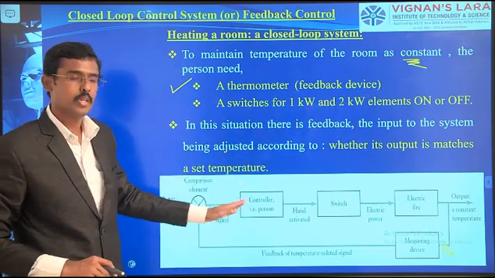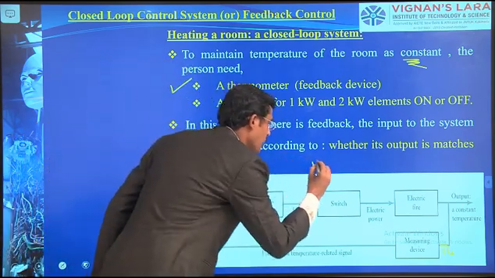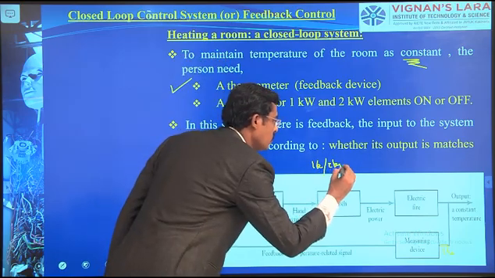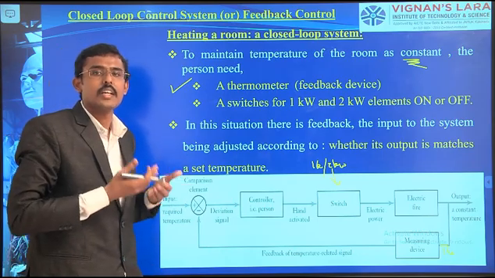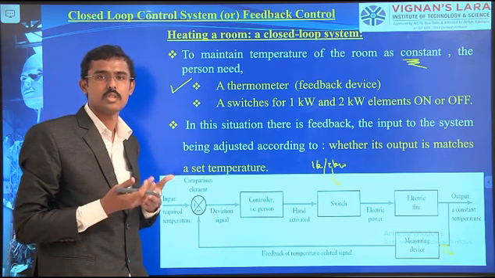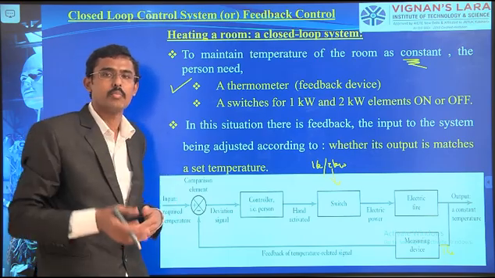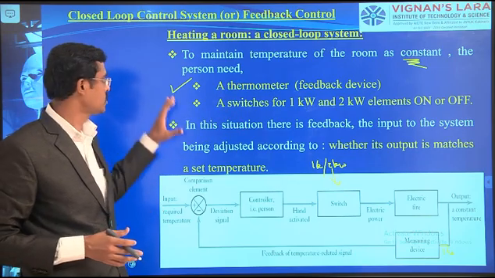So here the controller person may switch on 1 kilowatt power, or otherwise 2 kilowatt to operate. To increase the heating levels, 1 kilowatt gives low heating, 2 kilowatt high heating. The temperature increases with the heater. These two we need. That is what we are seeing.